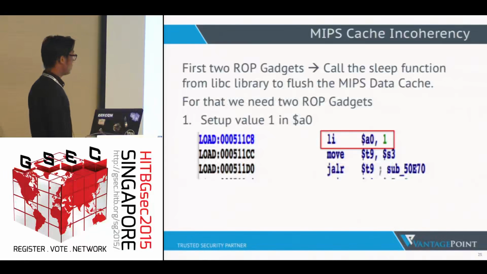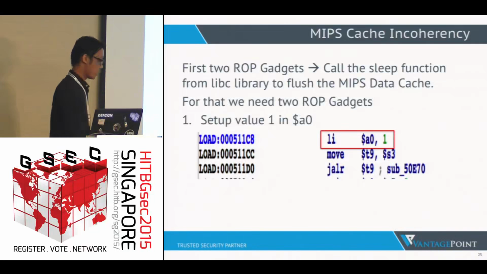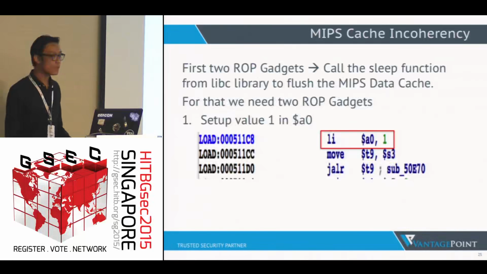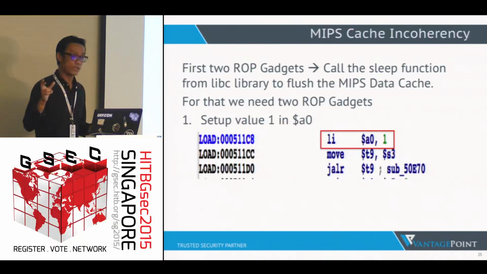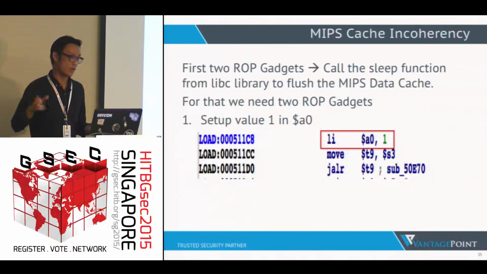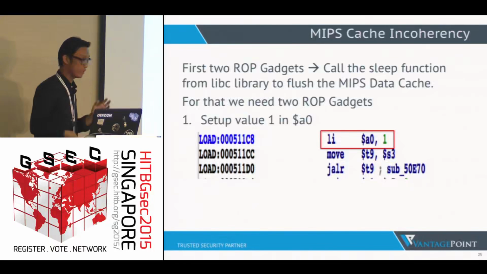So how do we call the sleep function? We need to use ROP gadgets. What are ROP gadgets? ROP is return-oriented programming. ROP gadgets are basically instructions stored in the binaries or libraries, such as the HTTP binary or libc.